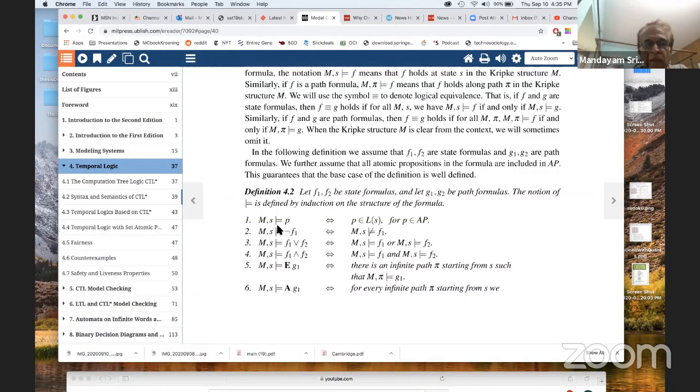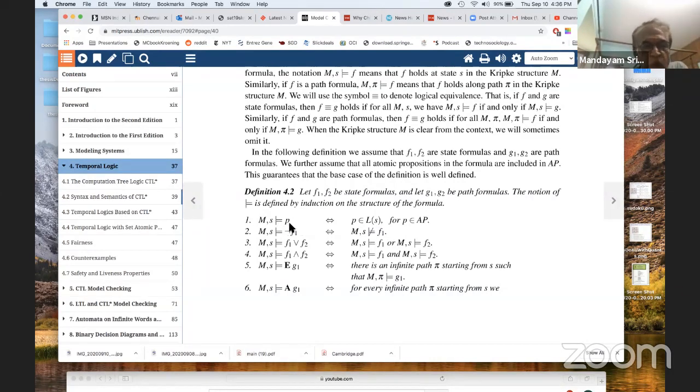The first few rules give truth assignment to state formulas, and the state formula truth assignment is defined in terms of path formula semantics.